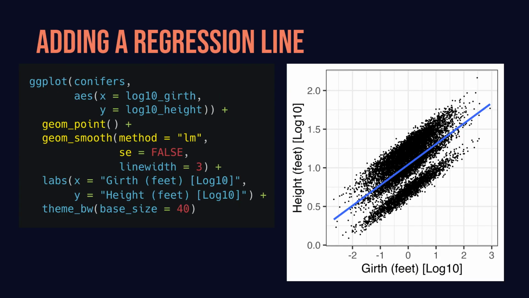We can use a regression line to visualize correlation. By adding a geom_smooth function and calling the method lm, which stands for linear model, we will be able to visualize the regression line of this data. The se equals FALSE does not show the standard error regions in the plot.